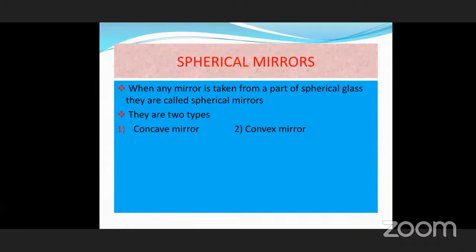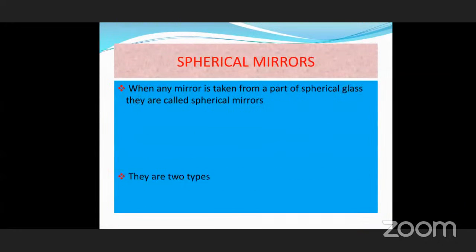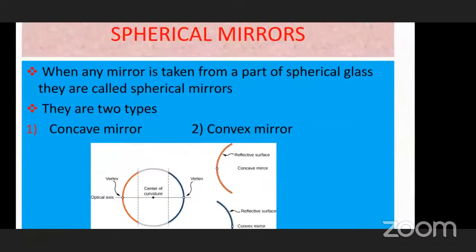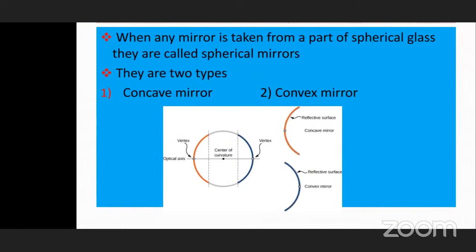The incident light is received by this reflecting surface. Let us see this diagram of concave and convex mirrors. In this, at the center of this hollow glass is what we call the center of curvature.